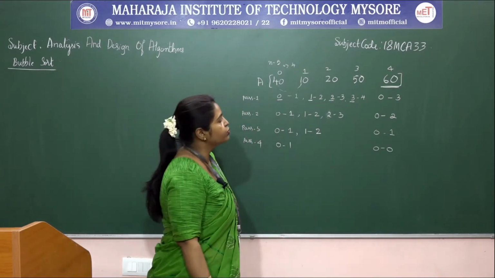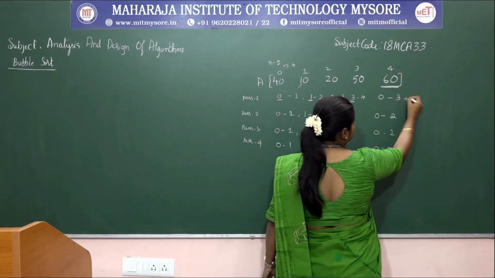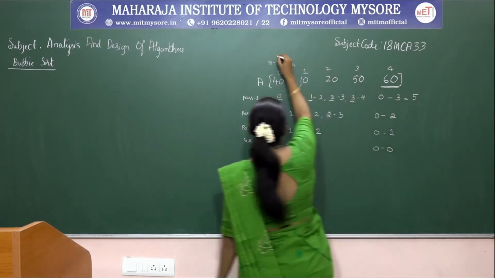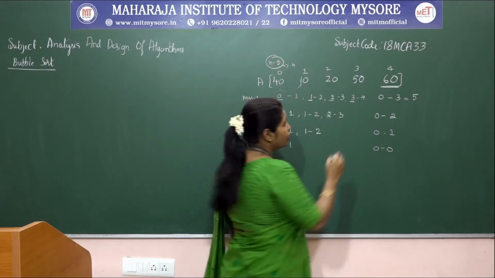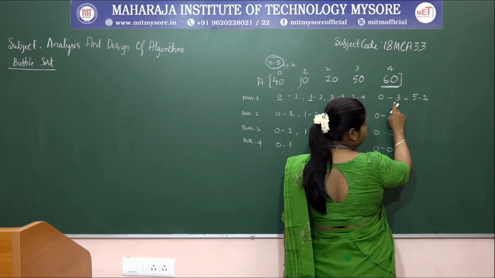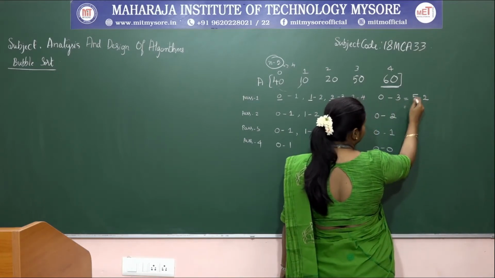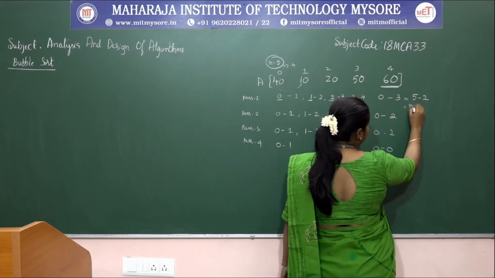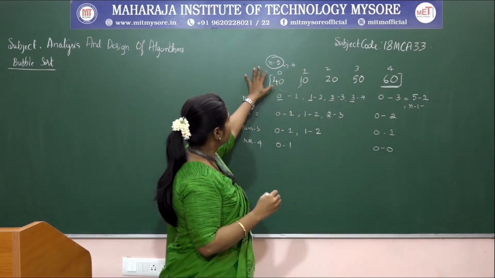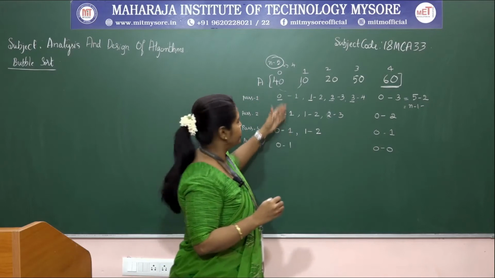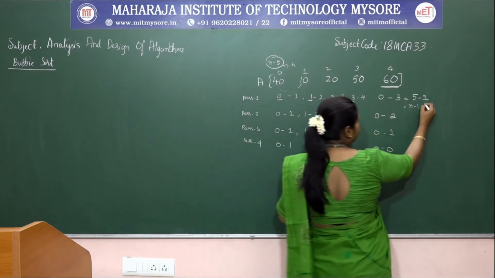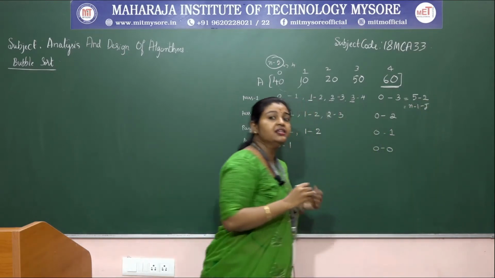If you observe here, 0 to 3 is nothing but, since you are given n, this 3 can be written as 5 minus 2, which is 3. So 5 is nothing but your n. The last index is n minus 1, and in every iteration the index value keeps changing based on the number of passes, which can be considered as j.